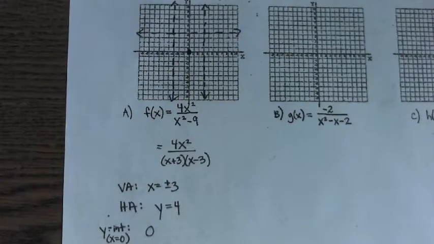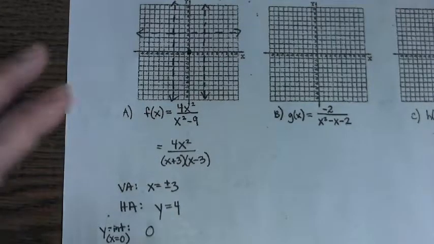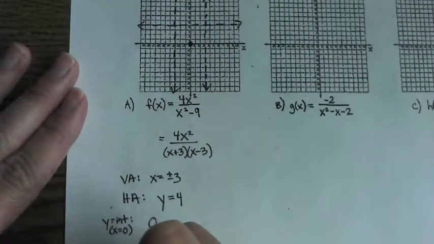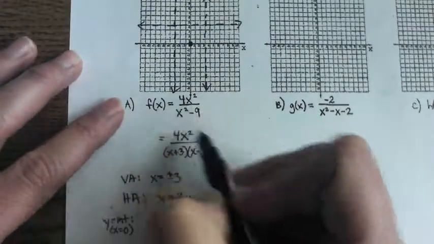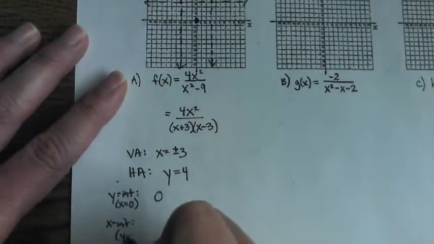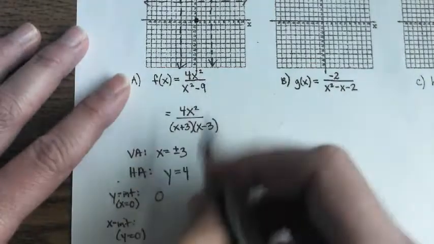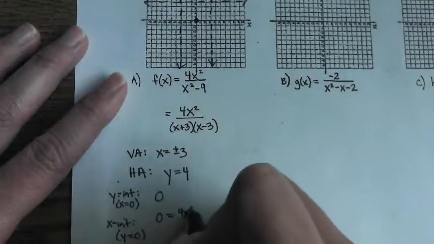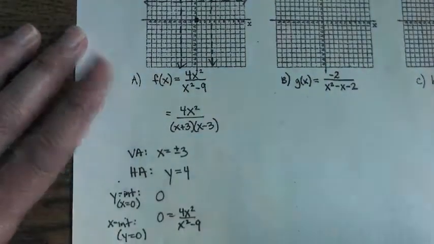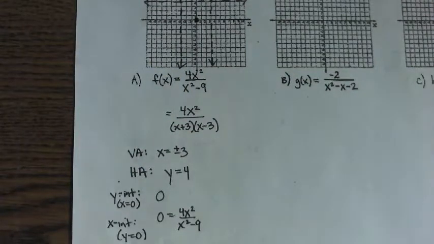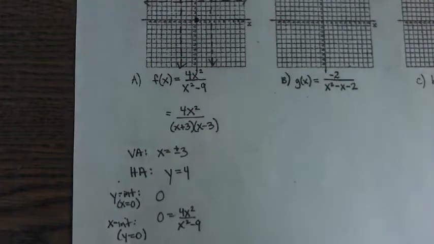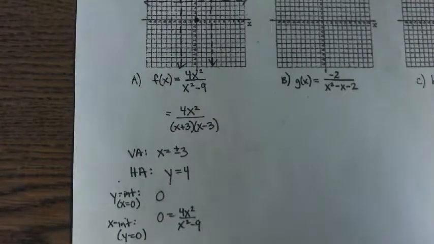X-intercepts are going to be a little bit trickier because you're not always going to be able to solve necessarily. But here we can. If we set y equal to 0, it's 0 equals 4x squared over x squared minus 9. The only way a fraction is going to equal 0, we talked about on Friday, is when what?